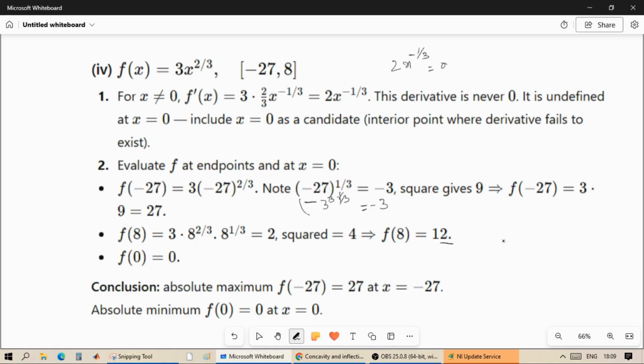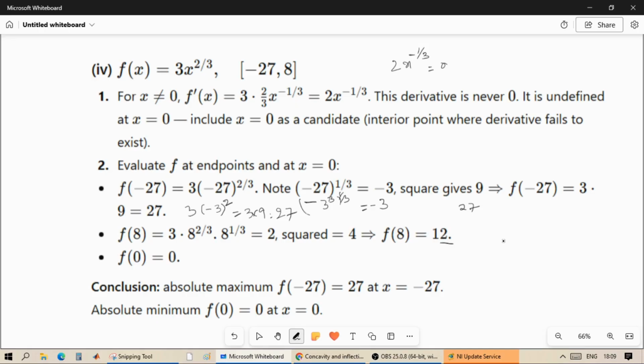When you substitute this minus 3 in the function, 3 into minus 27 whole power 1 by 3 equals minus 3, and there is a power 2. Minus 3 whole square equals 9. So 3 into 9 equals 27. So f of minus 27 equals 27.